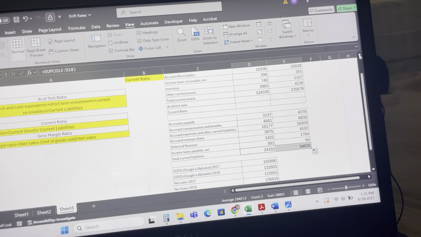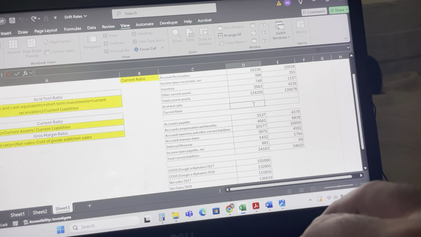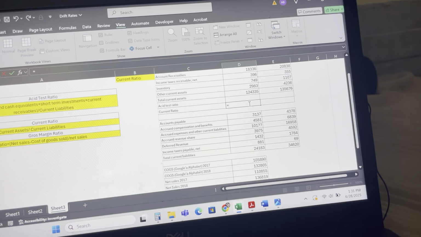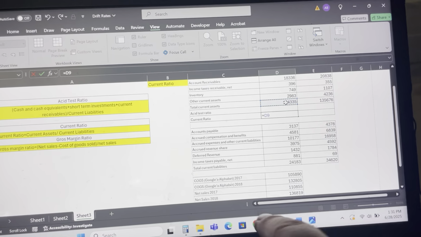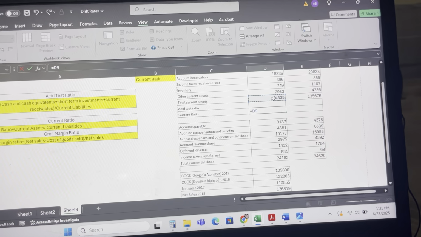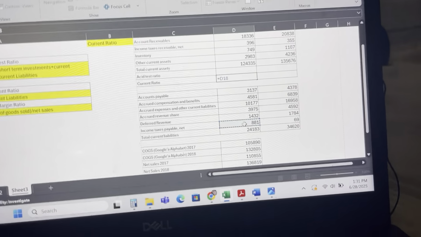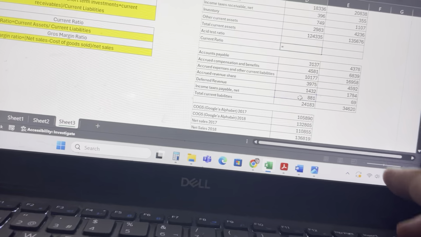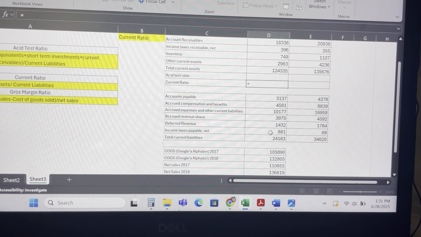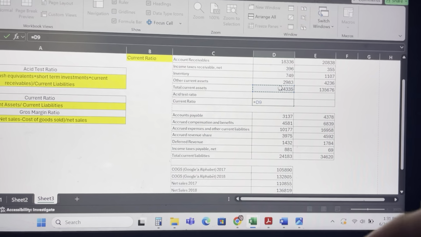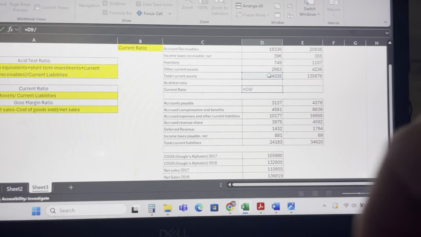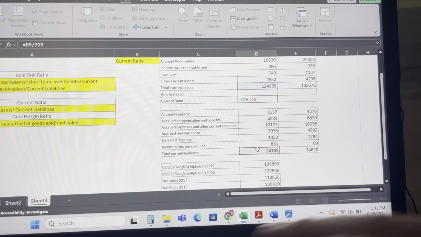Okay, and now we can know the current ratio, which is total current assets divided by total current liabilities.